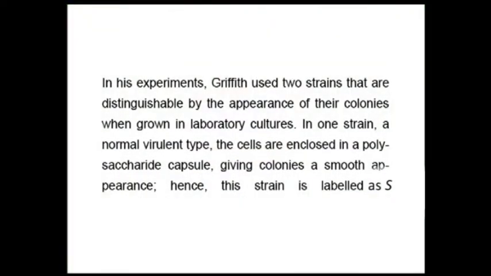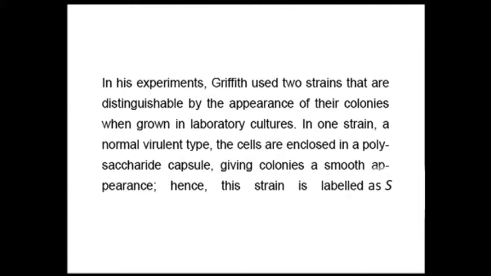However, different strains of this bacterial species have evolved that differ in virulence, that is, in the ability to cause disease or death. In his experiment, Griffith used two strains that are distinguishable by the appearance of their colonies when grown in laboratory cultures. In one strain, a normal virulent type, the cells are enclosed in a polysaccharide capsule, giving colonies a smooth appearance.